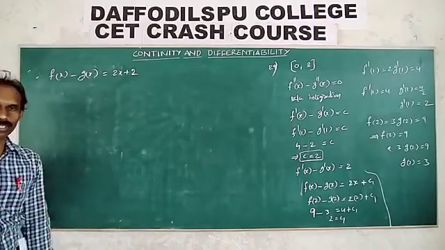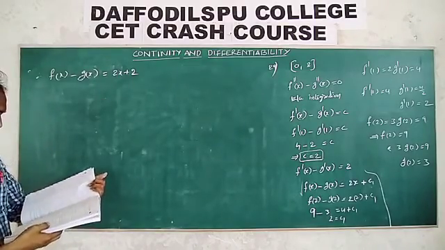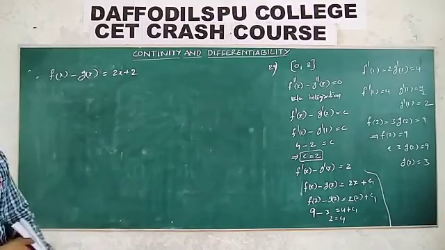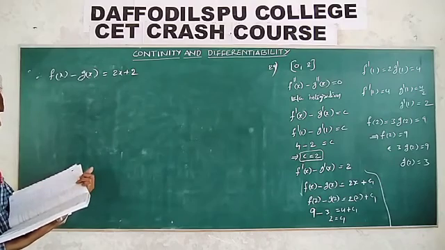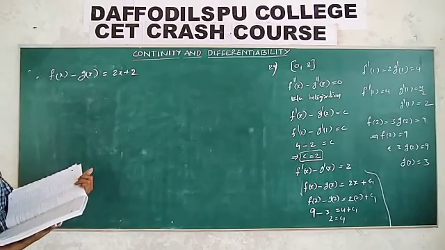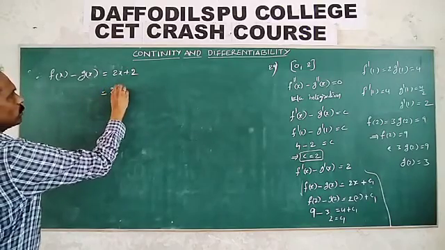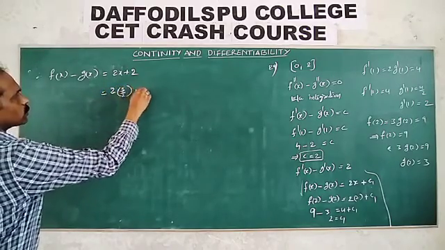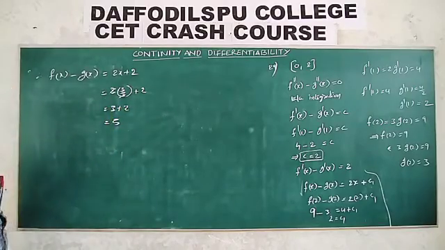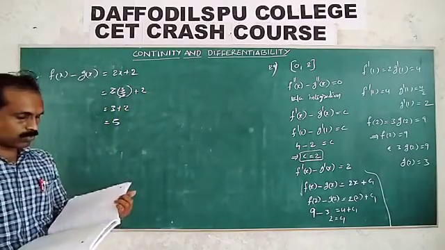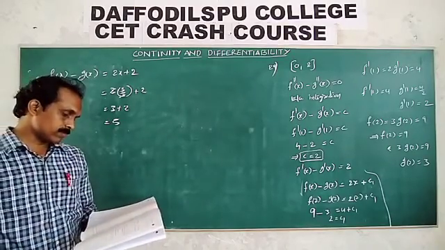This is the function, after integration we will get that. So finally they ask at x is equal to 3 by 2, what is the value of f(x) minus g(x)? Therefore 2 times 3 by 2 plus 2, the 2s cancel, 3 plus 2 is equal to 5. So the f(x) minus g(x) value is equal to 5. So the fourth option is the correct answer.